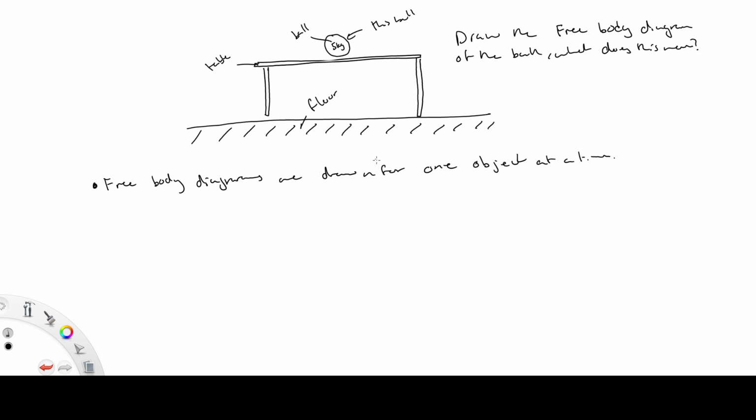So one force that I know is certainly acting on the ball is gravity. However, this ball is not falling down. It's not moving up, nor is it moving down. It's got zero motion, which means right now it's got zero momentum.